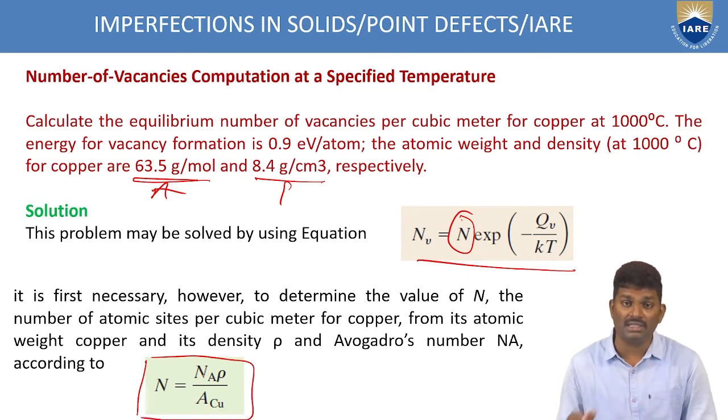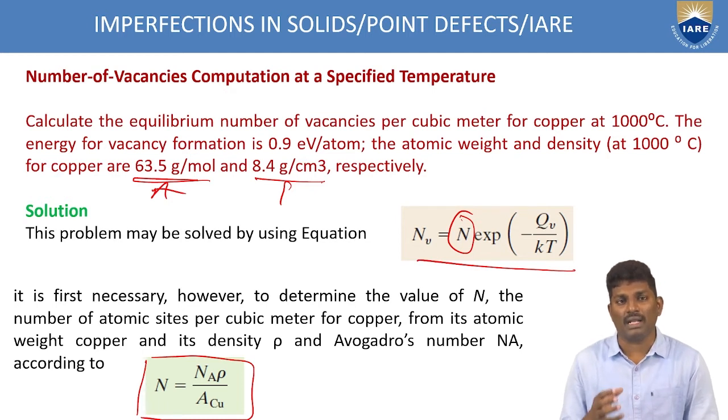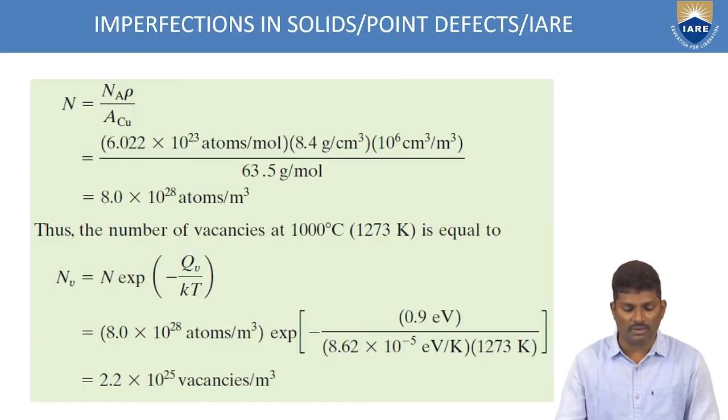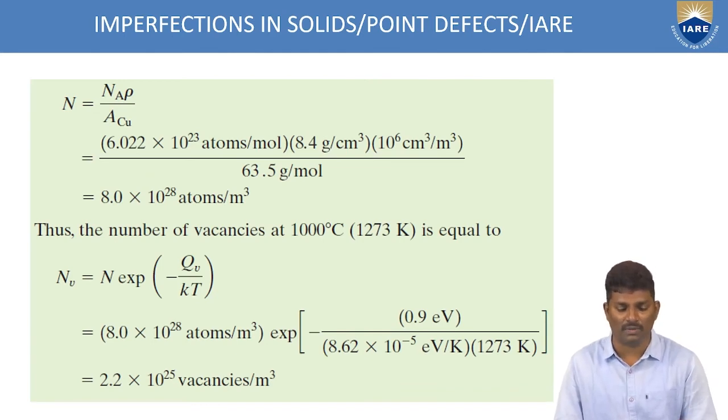That means density of the copper over the atomic weight of the copper. That gives the number of atoms present in the copper. Once you substitute the density as well as the atomic weight of the copper, you can get the N value. So N is equal to NA rho by A Cu.